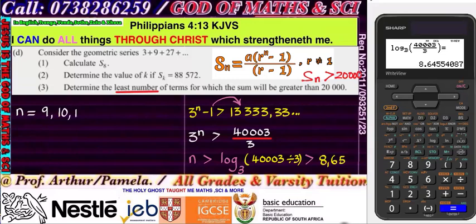After 10, you've got 11, and so on and so on. But they ask me for the least, the smallest natural number that will give us the correct answer, and that smallest number is 9. So now we give them the answer. We say, therefore, n equals 9. So there we go. Their answer is 9, because we know that n is always an element of counting numbers, natural numbers, 1, 2, 3, 4, 5, 6, 7, 8, 9, 10, and so forth. So that one is surely done.